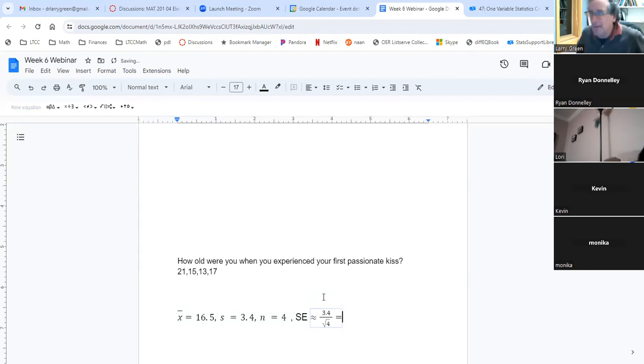And one wonderful thing about this is the square root of 4 is a nice number. Usually I don't get so lucky when I go over this. I told you I've been doing this for decades. Usually it's not just square root of 4. Square root of 4 is 2. 3.4 over 2, you can put in your calculator, but I know it's 1.7.